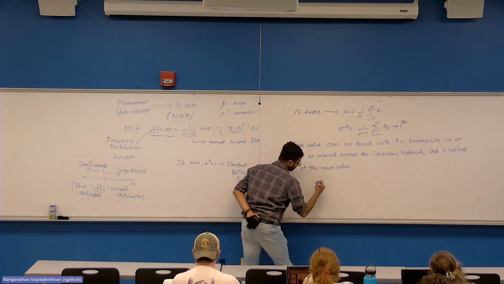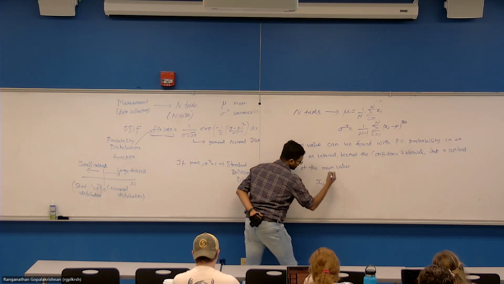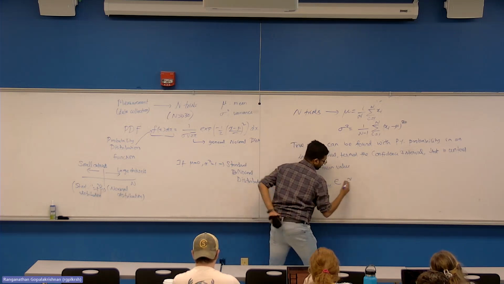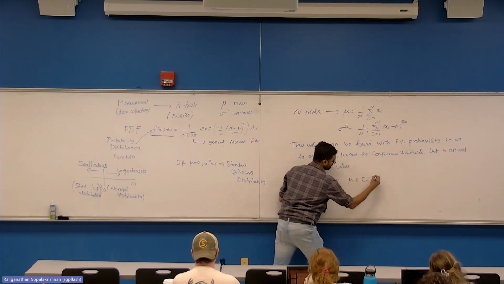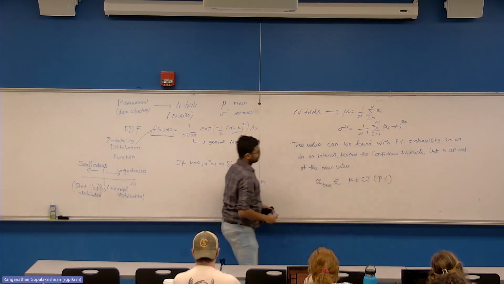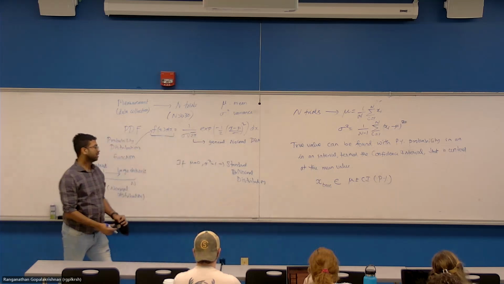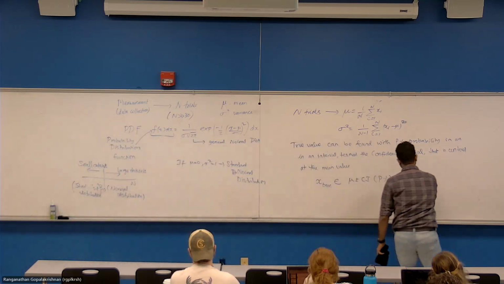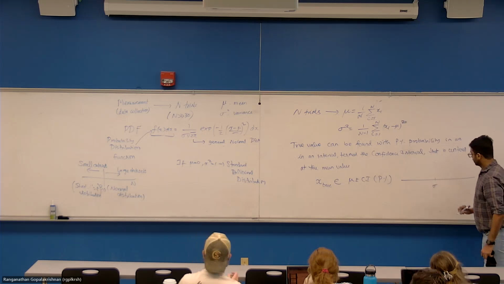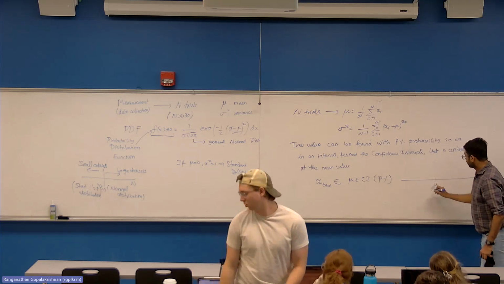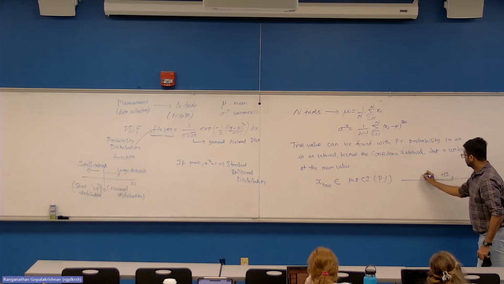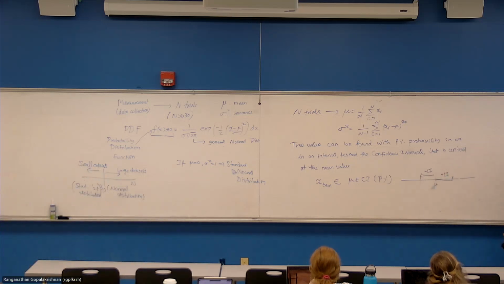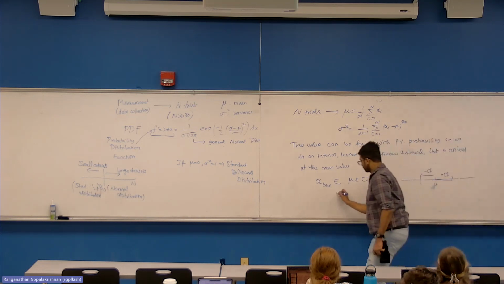So the true value of x can be found between mu plus or minus CI with P% probability. If I say here is the mean, the true value can be found within one confidence interval on either side. The question is, how do we get the confidence interval?